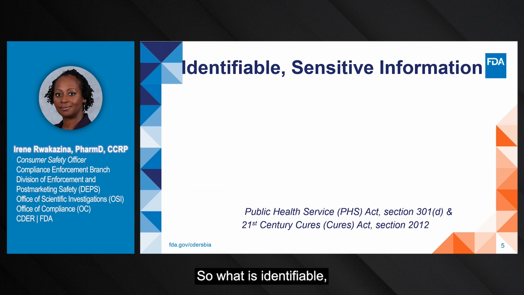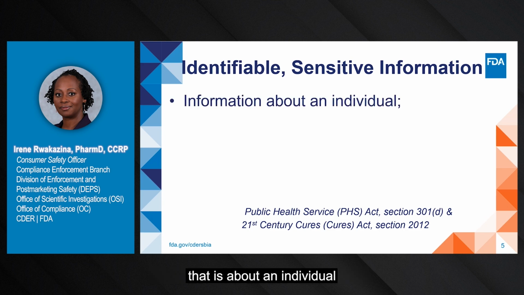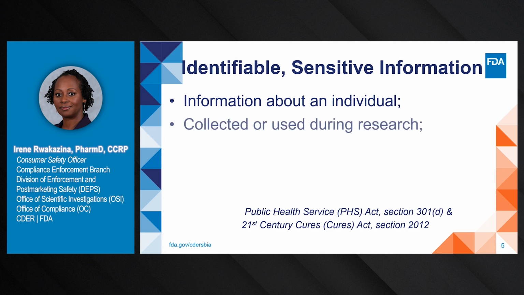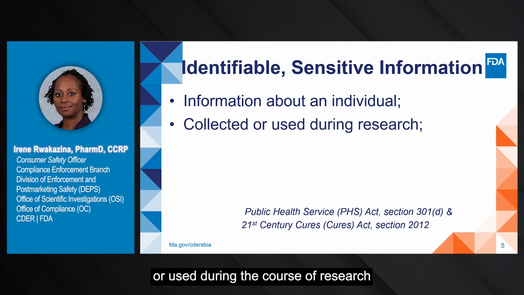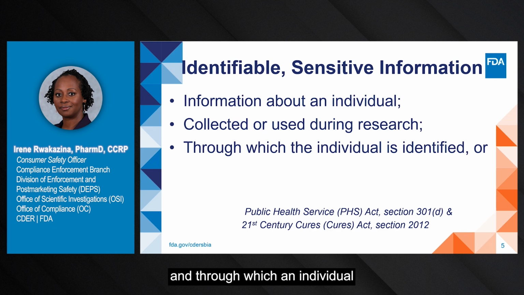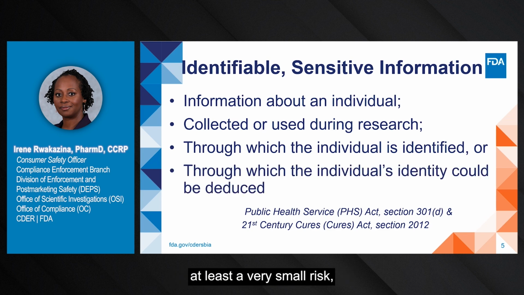So, what is identifiable sensitive information? Identifiable sensitive information, as used in the PHS Act and the Cures Act, means information that is about an individual and that is collected or used during the course of research, and through which an individual is identified or for which there is at least a very small risk, as determined by current scientific practices or statistical methods, that some combination of the information, a request for the information, and other available data sources could be used to deduce the identity of the individual.